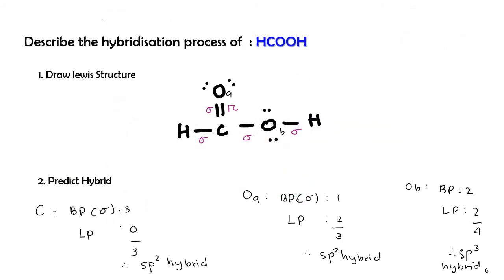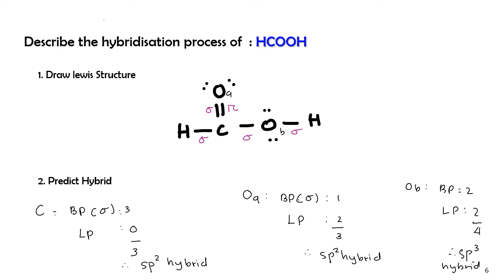For the next example, the Lewis structure will be in this form: H, C double bond O, bonded to one oxygen and then bonded to one hydrogen. For the hybrid, for carbon you have 3 sigma bonds, so 3 bonding pairs and 0 lone pair.